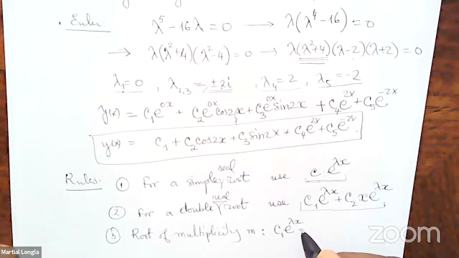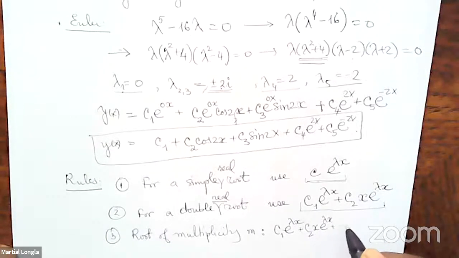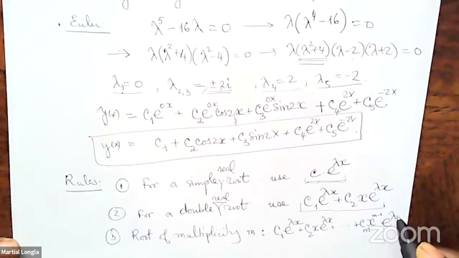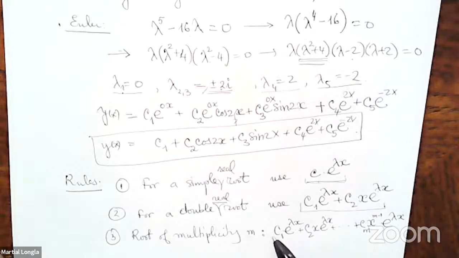So that'll be c1 plus c2 x e to the lambda x plus, till you get to cm x to the power m minus 1 e to the lambda x. So you are going to add the terms all the way up to x to the power m minus 1 times e to the lambda x. And then you can prove that this is a solution of that. We don't need to do that at this point, because what we need to do is to learn how to use that.